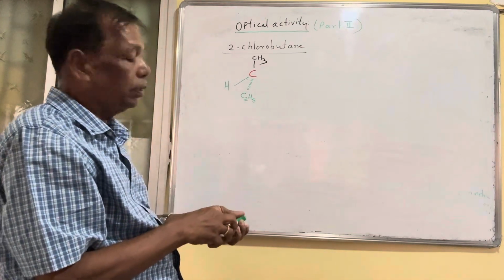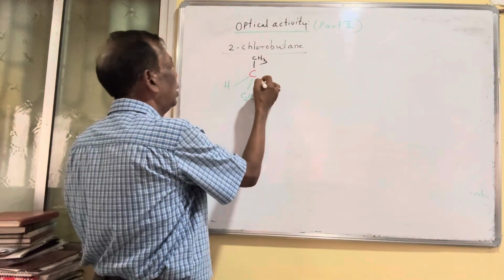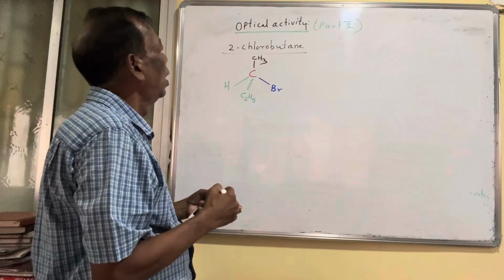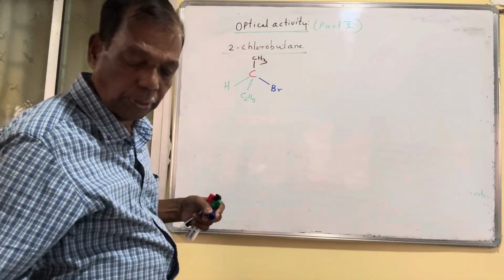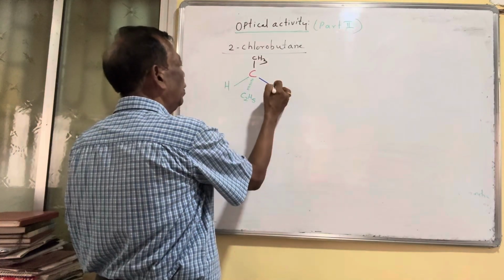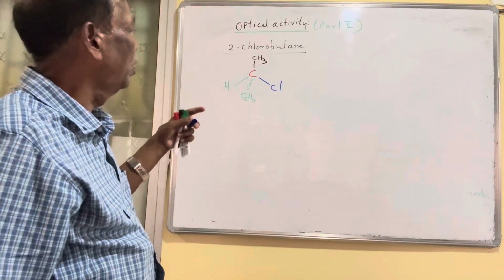And over here I have Br. Sorry, I have written here 2-chloro, so I'll put chlorine here. So this is 2-chlorobutane. How is it 2-chlorobutane? Don't get confused.